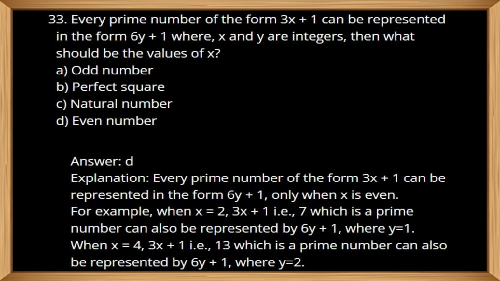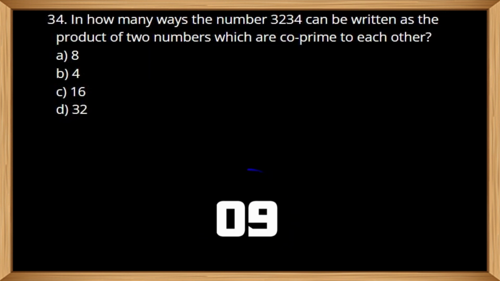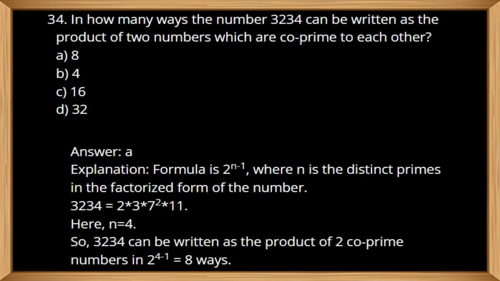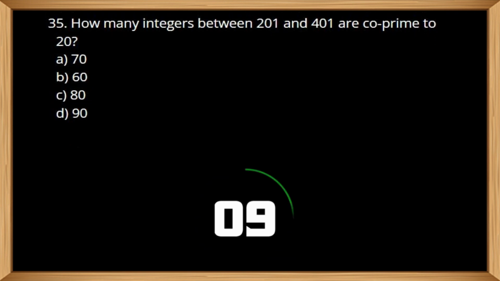Option D even number. How many ways can the number 3234 be written as the product of two numbers which are co-prime to each other? Option A 8. How many integers between 201 and 401 are co-prime to 20?